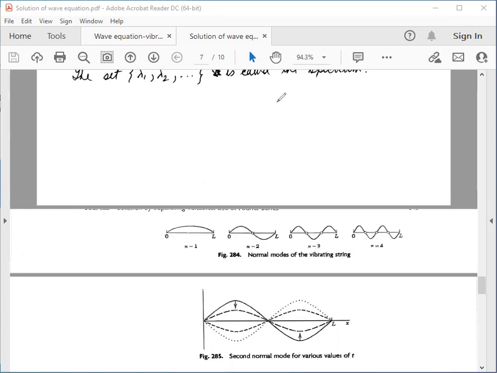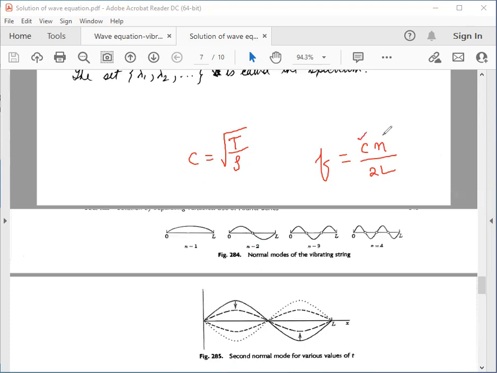Frequency was c n divided by twice L. And what was the value of c? c was the constant given by the square root of the tension in the string divided by the mass per unit length of the string. So this is the frequency.